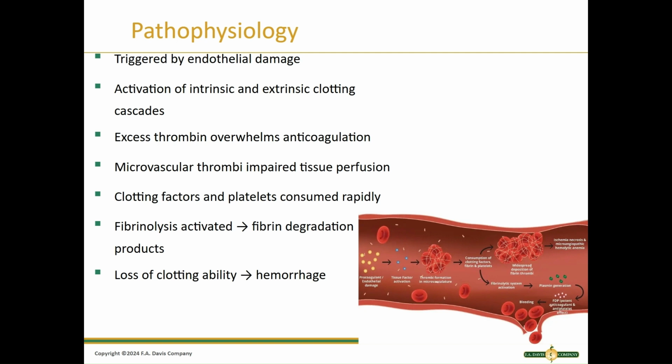But once it is triggered by that endothelial damage, we have an activation of the clotting cascades, where large amounts of thrombin are being produced in response to this reaction. This will result in excessive production of fibrin clots and the consumption of clotting factors. So we have this excessive coagulation and clots being formed in the microvascular system, and this is building up everywhere.